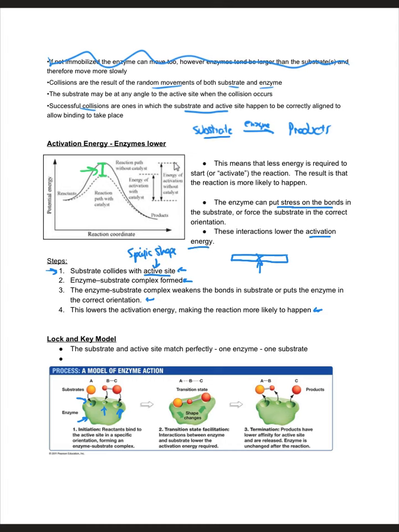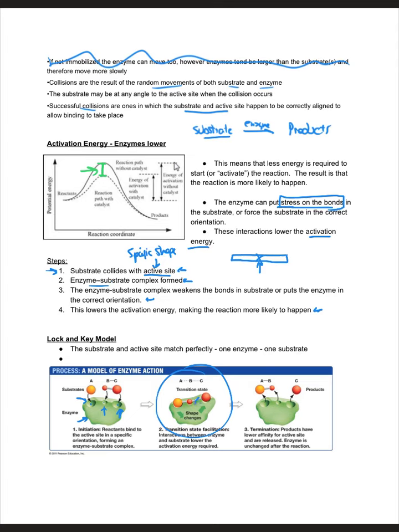So then what you end up with is what we call the enzyme substrate complex. And that's what this picture calls the transition state. So you get that complex. At that point, the stress on those bonds causes that to shift around, to shift and to break. So the chemical reaction takes place.